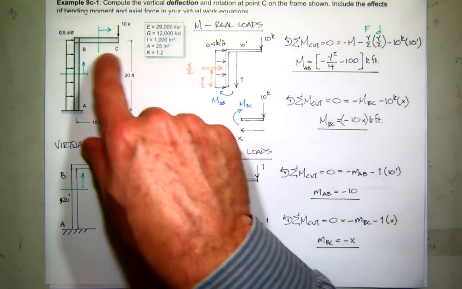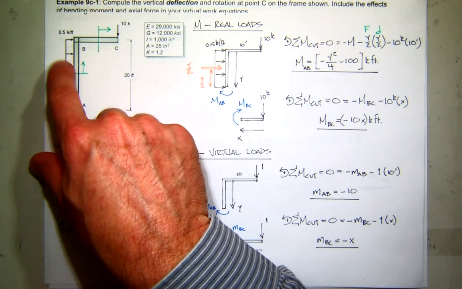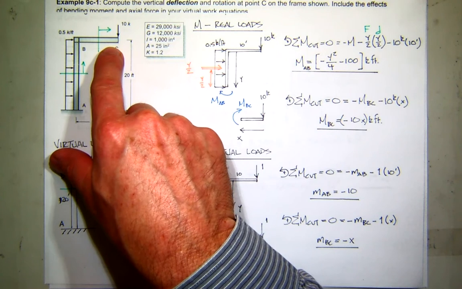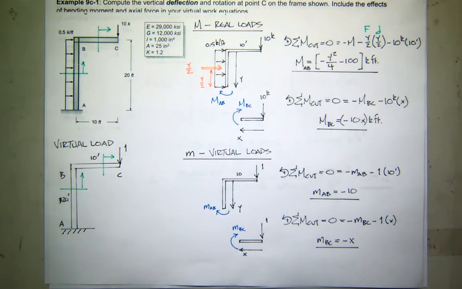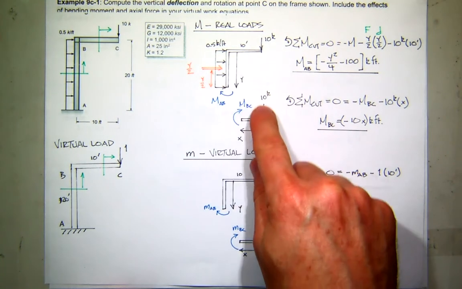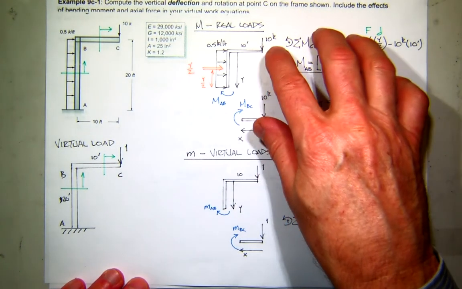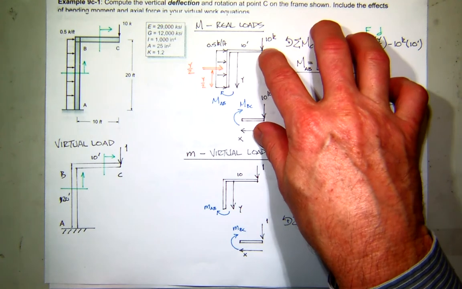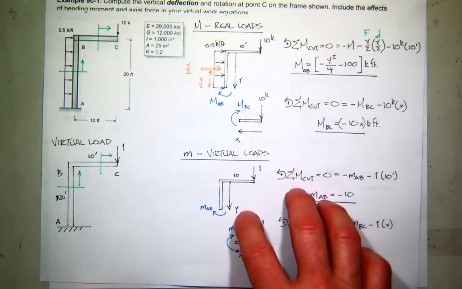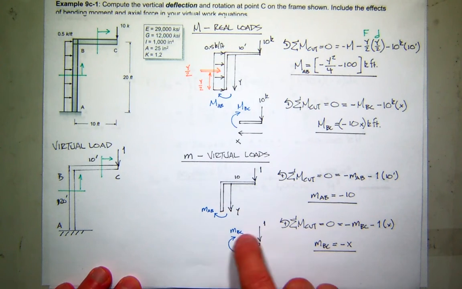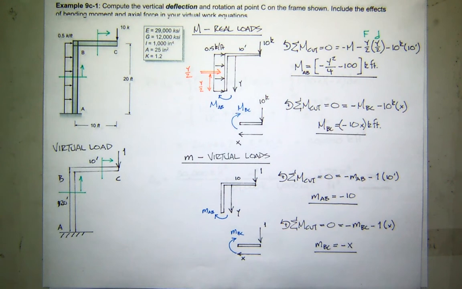So even when we did cantilevers, we always said x was from left to right. So when you're looking at this little bit, it would have been 10 minus x, and it gets a little messy. But in this scenario, you can choose your coordinate system any way you like. But once you make these choices, say for the real moments, then those are fixed, and you have to use the same set here. Not only the coordinate systems, but also the direction of the moments. If not, your signs will get all messed up, and it won't work out.